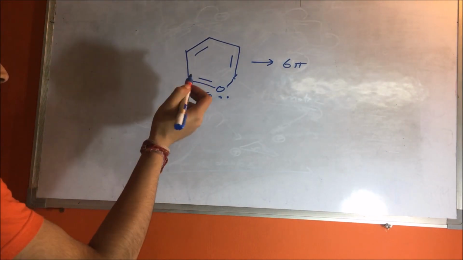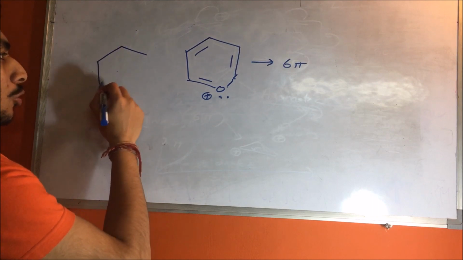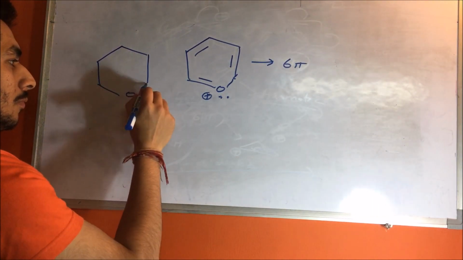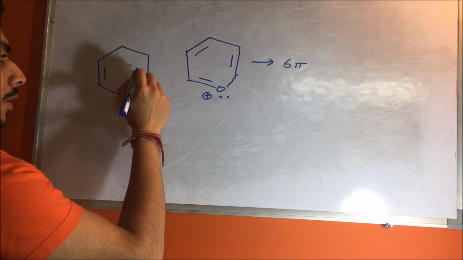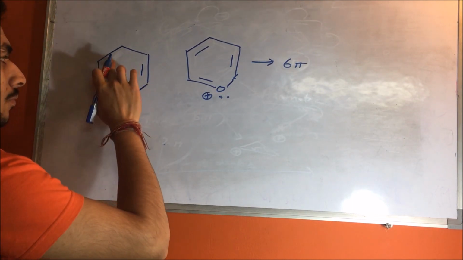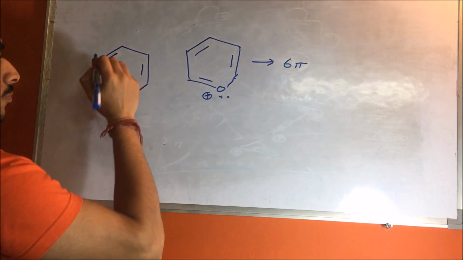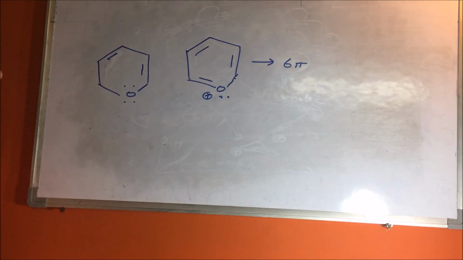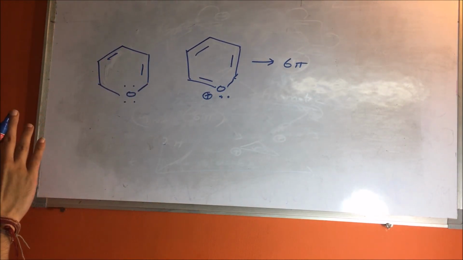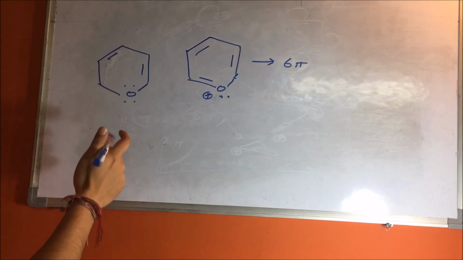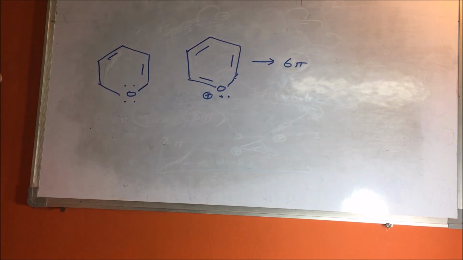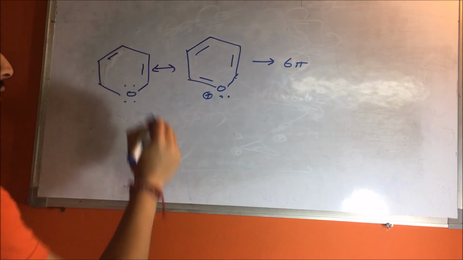An easier way to show this compound will be like this. Okay. Right. So if you see this compound, you might think that it is not aromatic, right? But indeed it is aromatic, because this lone pair is going to participate, and this will be the resonating structure for this.